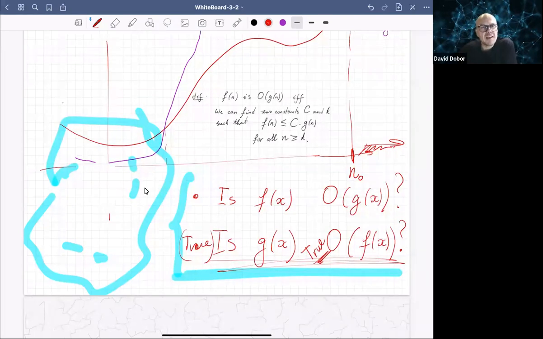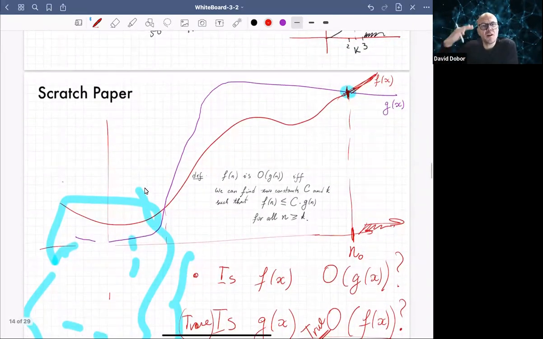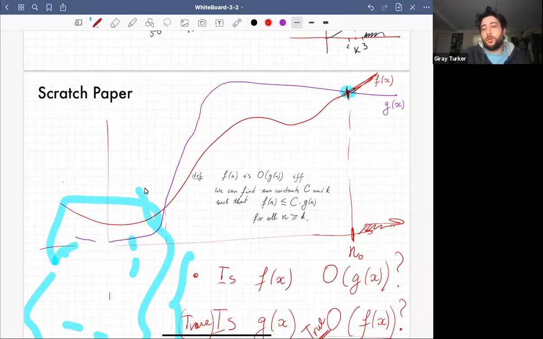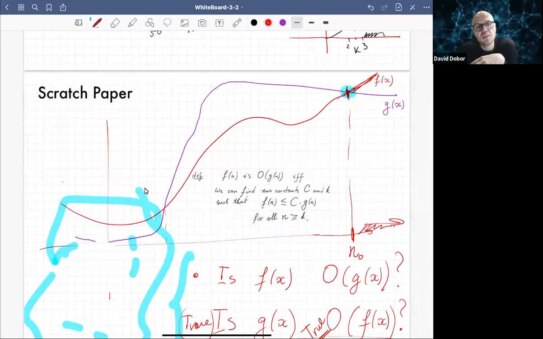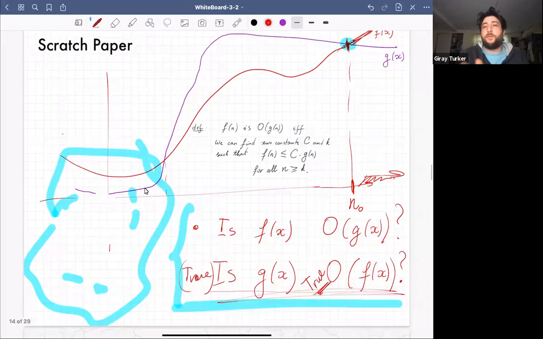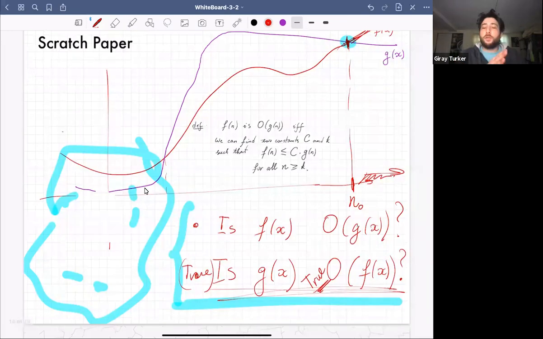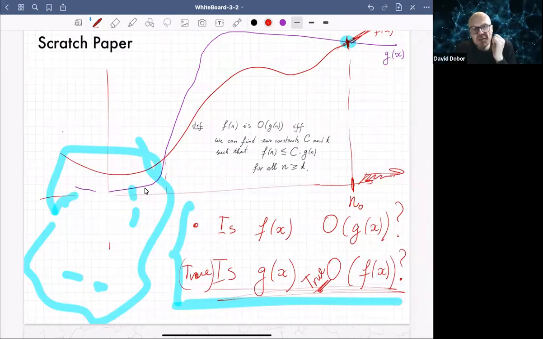Right. So beginning at some point and onward, one of the functions should stay below, and the one that stays below is the smaller one. That's the guy on the left-hand side, that's the role that f plays in the definition. G is the bigger one. I'm just confused about the times.